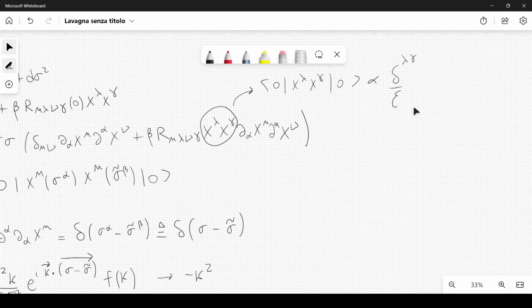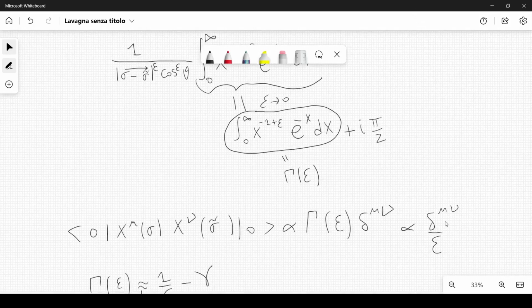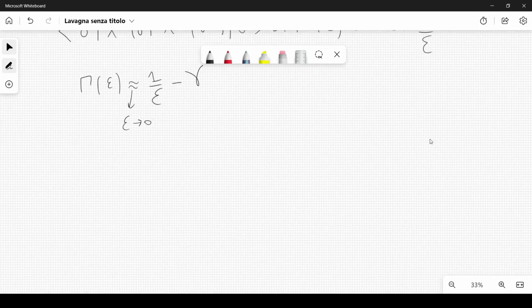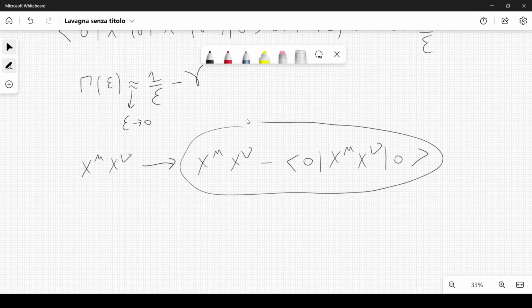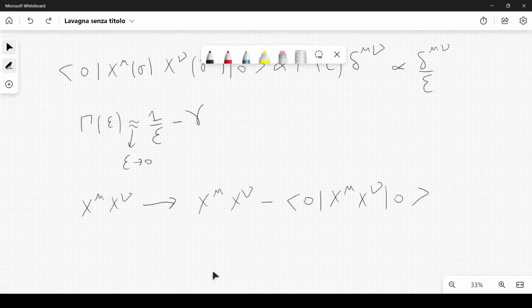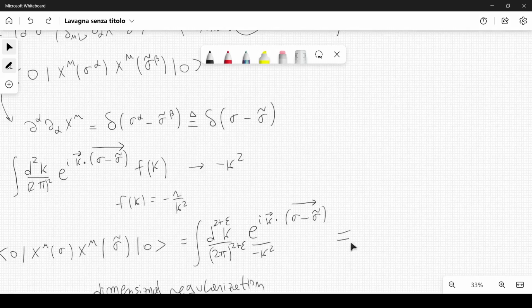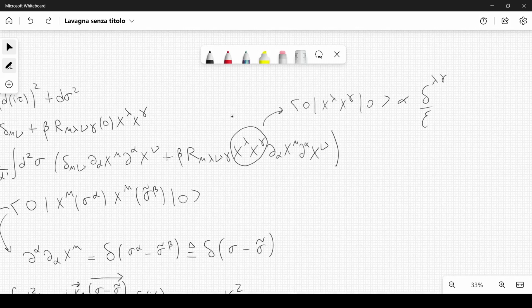If we want to remove the divergence, we have to replace x mu x nu with x mu x nu minus the vacuum expectation of x mu x nu, like this. By doing so, basically we are putting that in here.